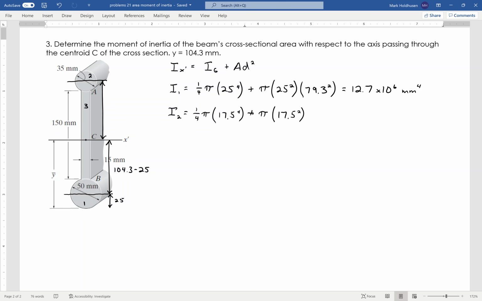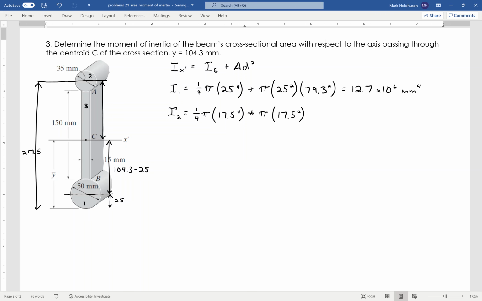What I know is, this distance is going to be 217.5. I get that from the 50 diameter plus the 150 of the rectangle plus the radius of 17.5.